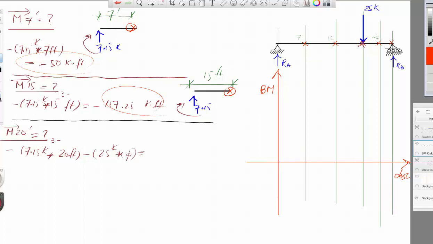So you might as well in the future not even include the 25, because it is sitting on the point. When the force passes through the point, it makes no rotation, so the moment there is equal to 0.